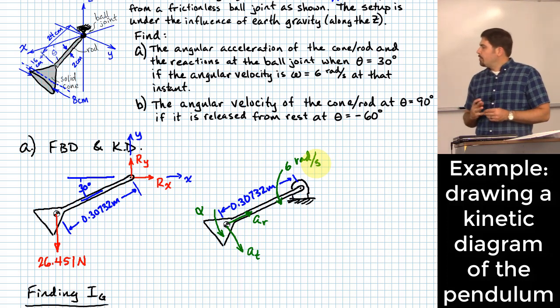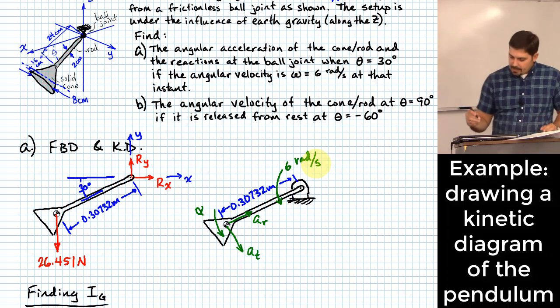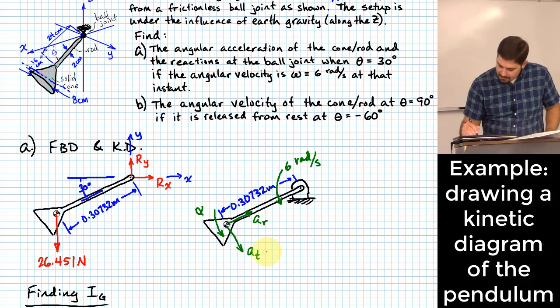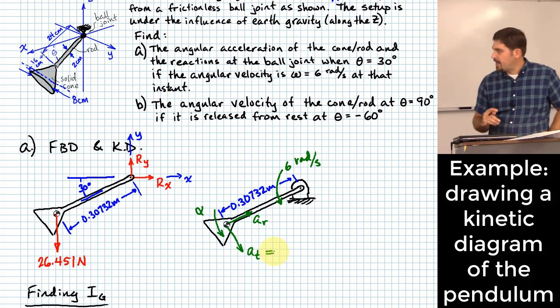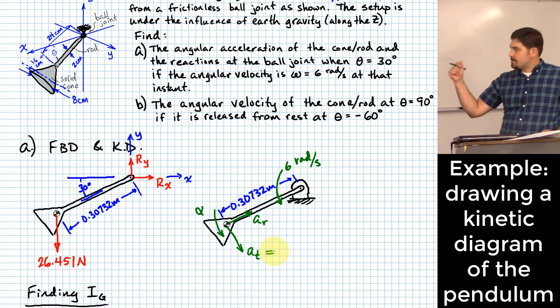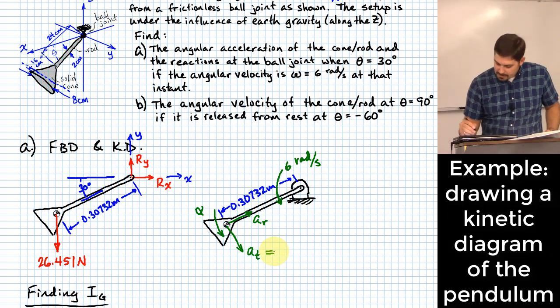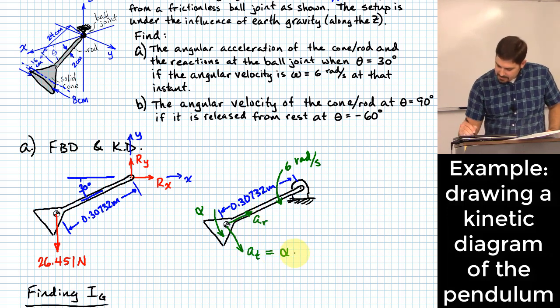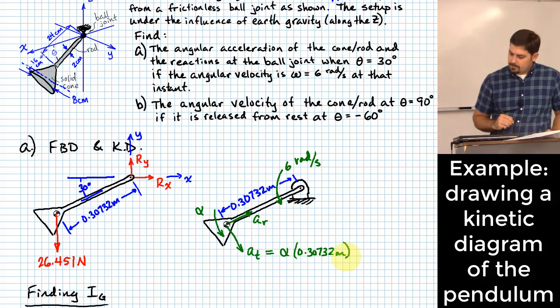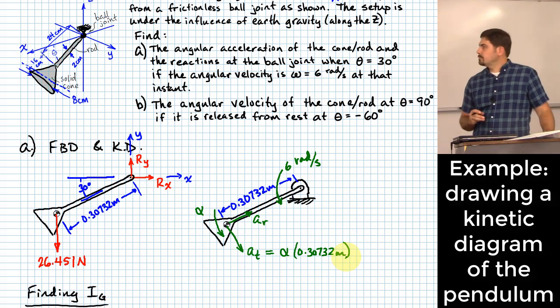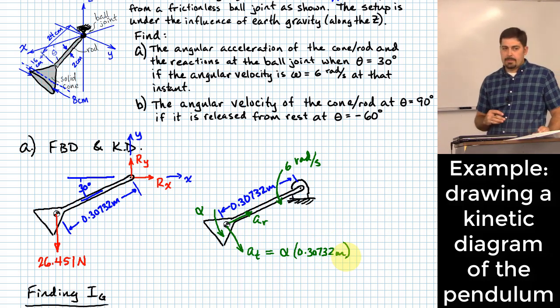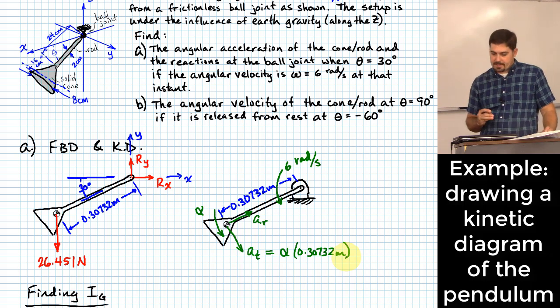All right, well, when I know these things, it helps me out because I have kinematic relationships that allow me to establish the instantaneous acceleration of my CG at this point. All it is going to be is alpha times my radius. That's based on the kinematic relationships we went over last time.